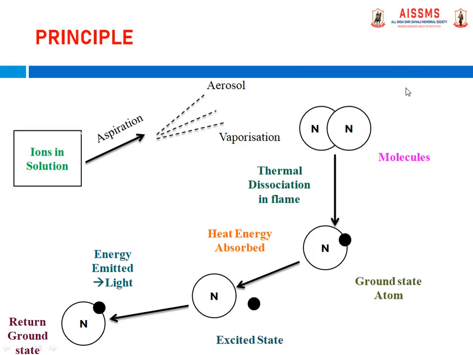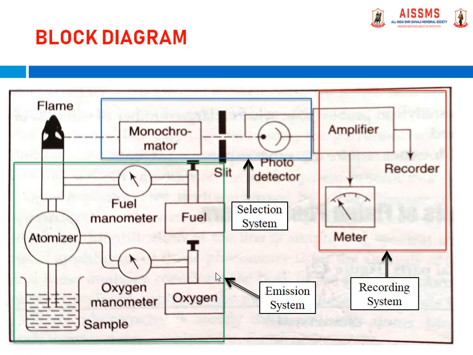The ions absorb the energy from the flame and are excited to a high energy level. When the atoms return to ground state, radiation of the characteristic element is emitted. The intensity of emitted light is related to the concentration of the element.